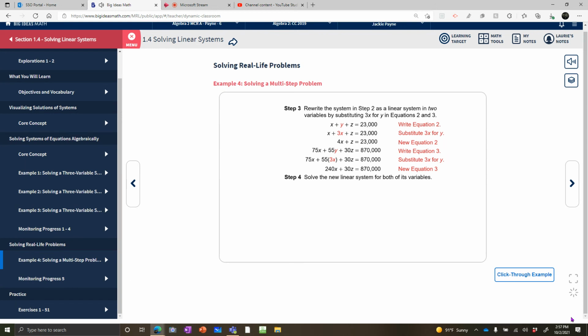Step 4. Solve the new linear system for both of its variables. Use elimination. Add negative 30 times new equation 2 to new equation 3. So, negative 120x minus 30z equals negative 690,000 plus 240x plus 30z equals 870,000.